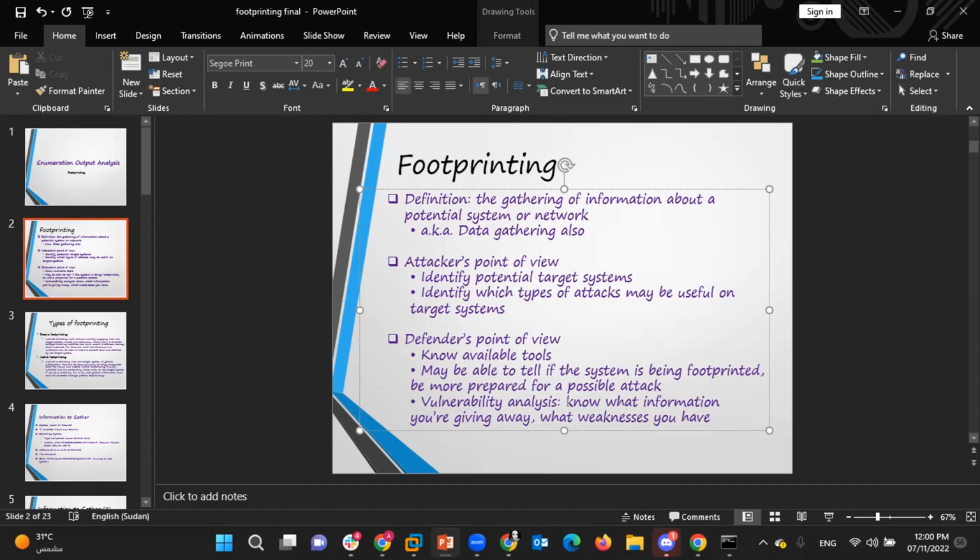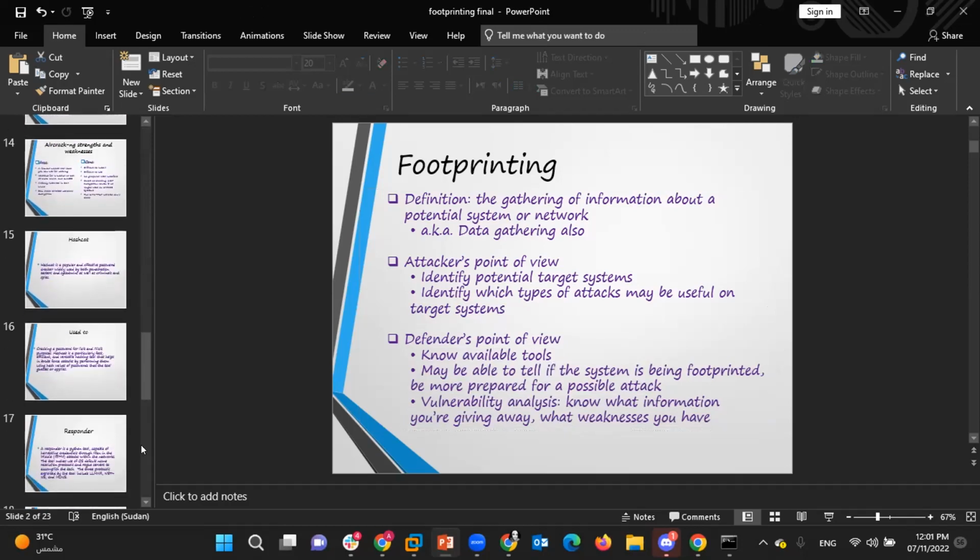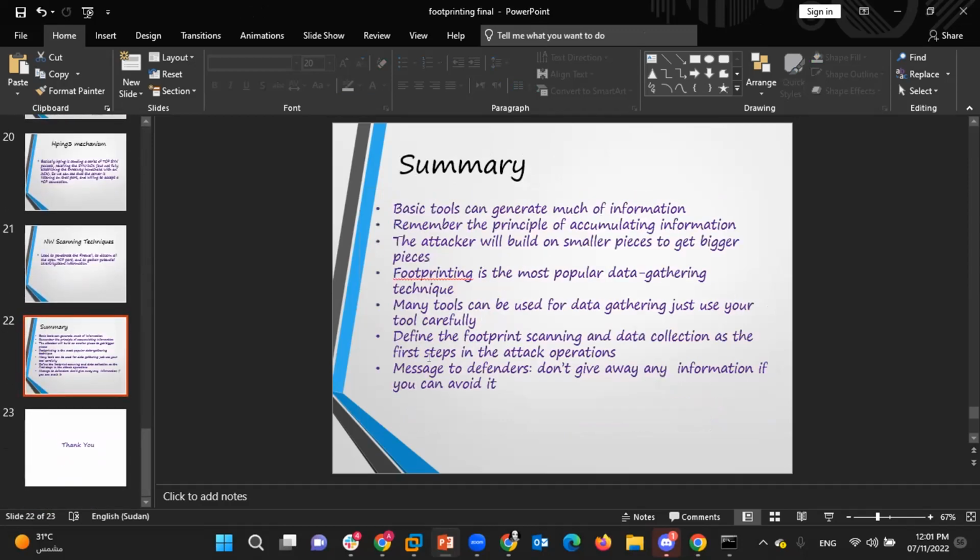Vulnerability analysis: know what information you are giving away, what weaknesses you have. This is the opinion of the defenders. And after that, the defenders all the time give us this message: don't give away any information if you can avoid it. This is our message for all of our cybersecurity engineers, our next cybersecurity engineers, inshallah.